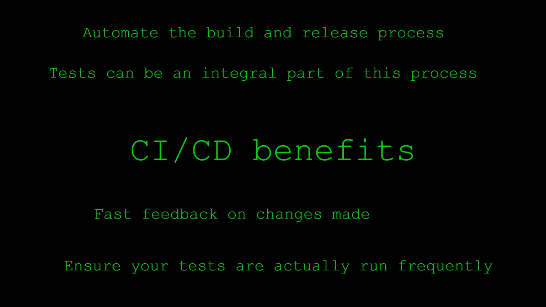If you have an automatic trigger that will run your tests at certain points in time, either whenever a new commit is being made into version control, or every night, or every weekend, no matter what the frequency is with which your tests are run, if you automate that process of running your tests, they will actually get run, because test automation is useless if you don't run your tests. It's only when you run your tests that your test automation becomes useful.